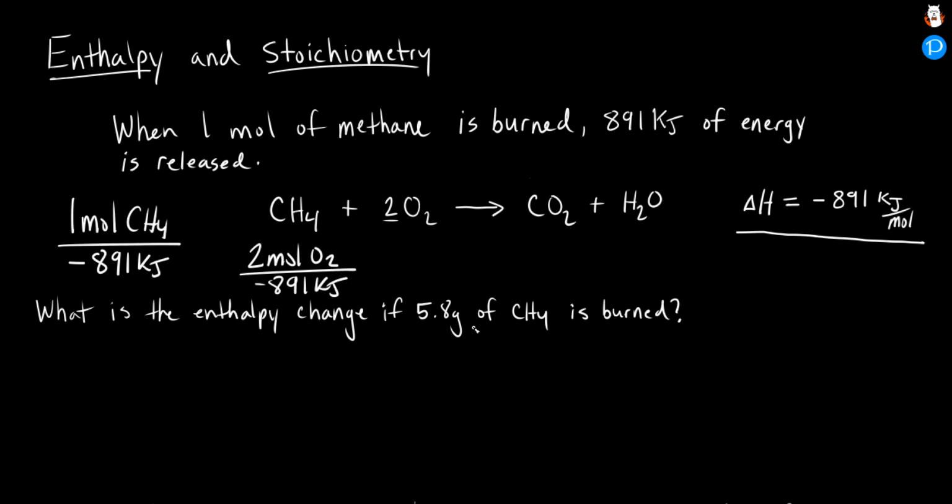So to calculate this, if I want to know how much energy would be released if 5.8 grams of methane burns, well, I'm going to start with 5.8 grams of CH4, and then I'm just going to convert it from grams to kilojoules of energy, okay? So I'm going to first get from grams to moles. And we know how to do that. We just got to get the molar mass for CH4, which is 16 grams.